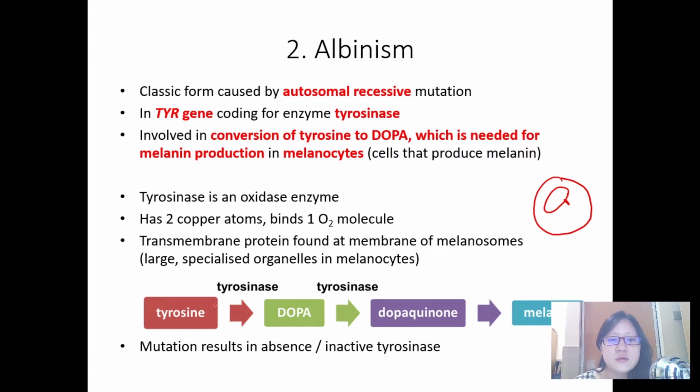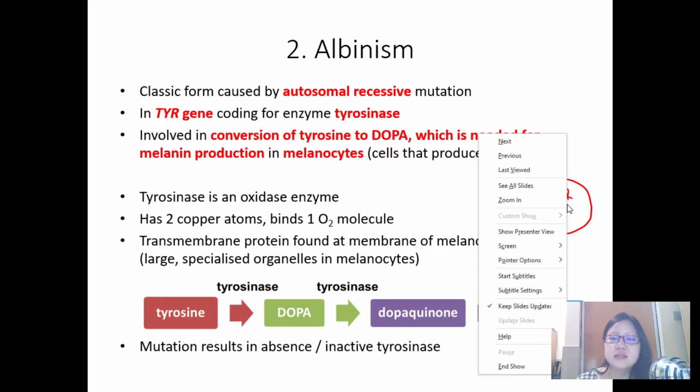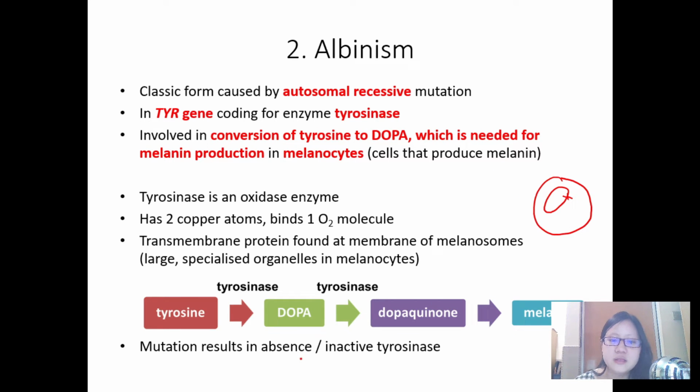Okay, so mutation of this particular protein here at the membrane of melanosomes in melanocytes would cause absent or inactive tyrosinase. And if you don't have this, you don't have all of these, and therefore an absence of melanin completely in the person.